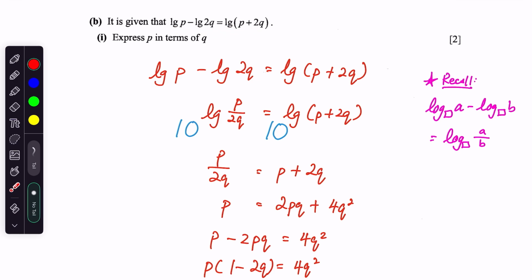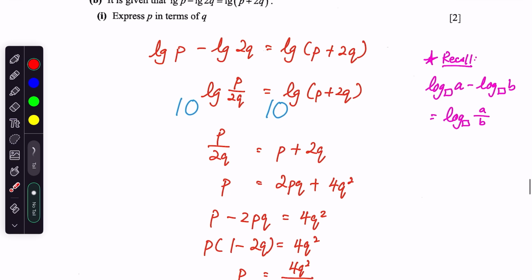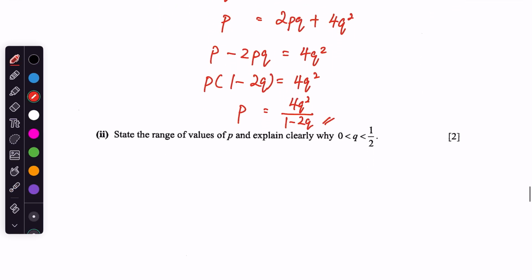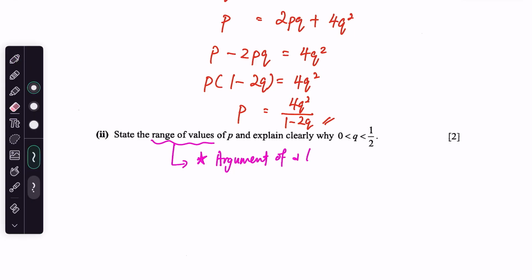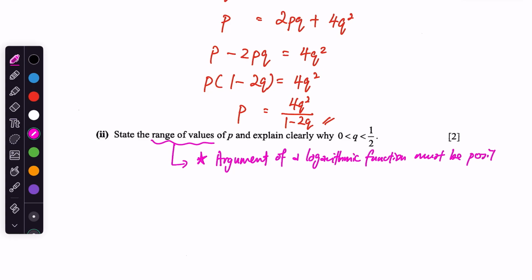The main thing to remember, whenever we think of range of values when it comes to logarithms, is that the argument of a logarithmic function must be positive. What this basically means is if I have log base anything of a, this means that a must be more than 0.